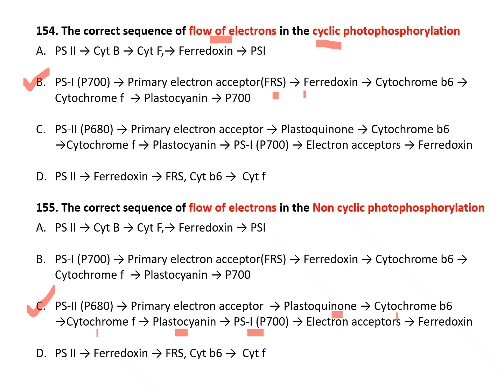Here the primary electron acceptor is Q, and in cyclic photophosphorylation the primary electron acceptor is FRS, ferredoxin reducing substance.